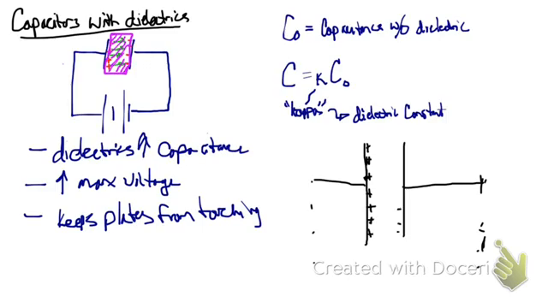Negative, negative, negative. Negative, negative, negative. Negative, negative. Okay. So in here we have our dielectric, and so we'll make a dielectric. It's gunk, and so it seems appropriate that it should be green. And so here's the dielectric.